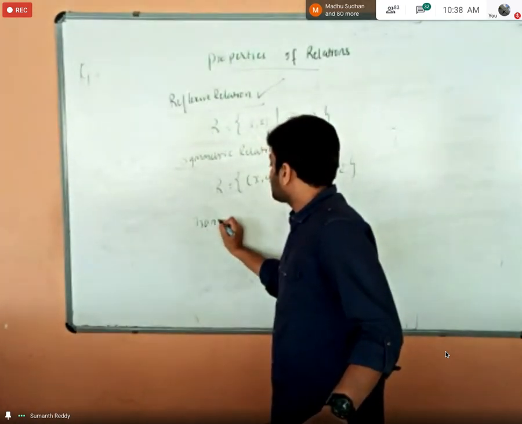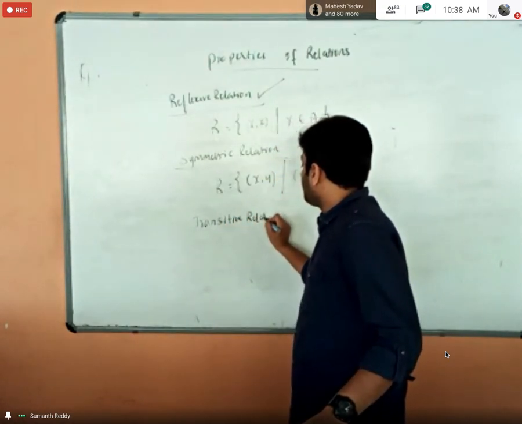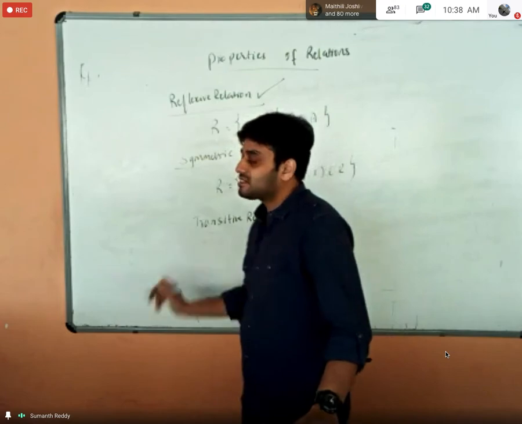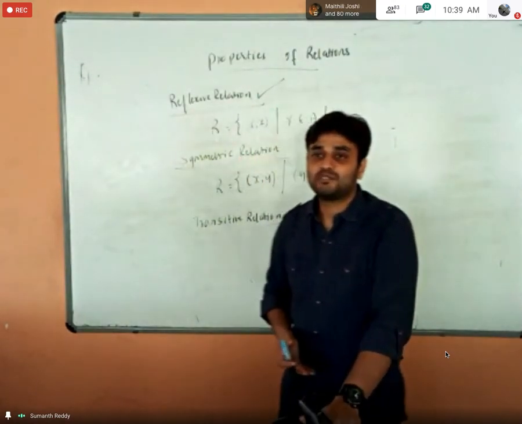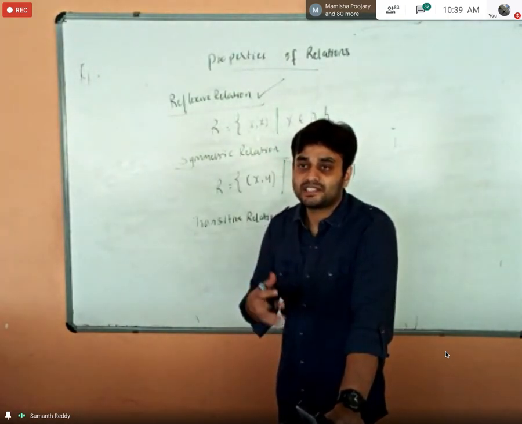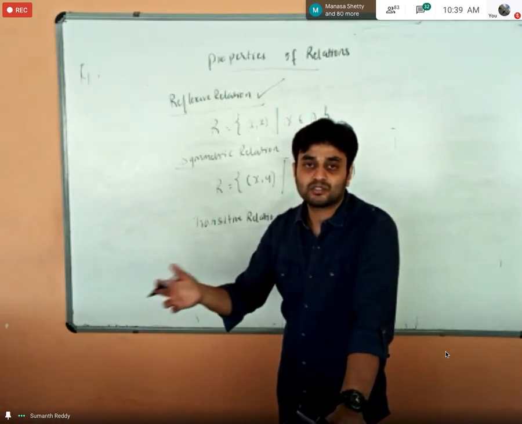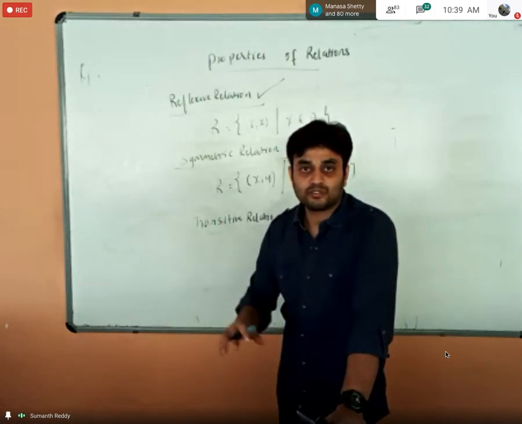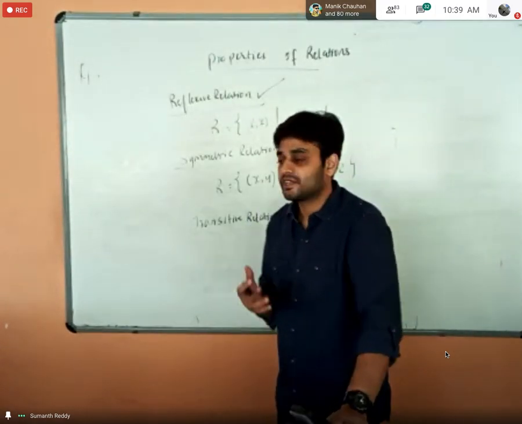Similarly, the third one is transitive relation. Even yesterday I gave a similar example for the rule of syllogism, right? Transitive relation is like, if I say Anil is my friend and Anil says Srinidhi is his friend, then for me, Srinidhi is also a friend. So friendship will hold the transitive relation, right?